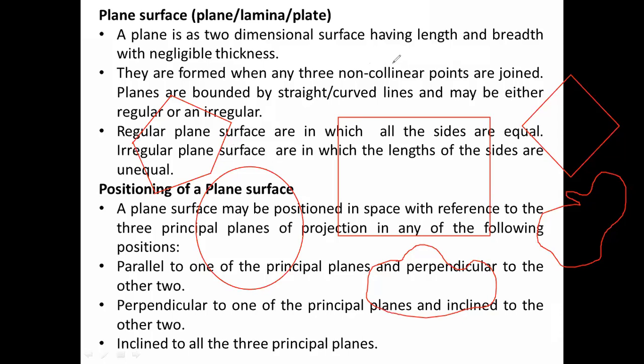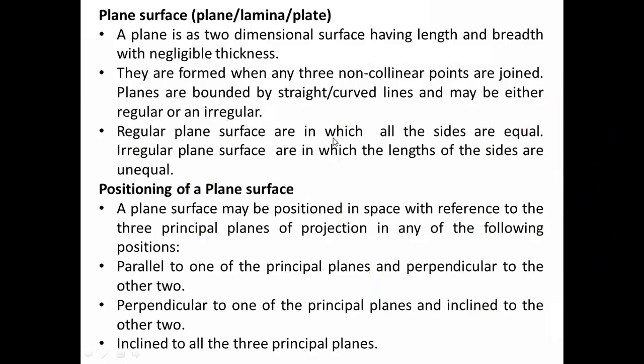So what do I mean? Then a plane can be bounded by straight or curved lines, maybe either regular or irregular. What is regular and what is irregular, that we will see.